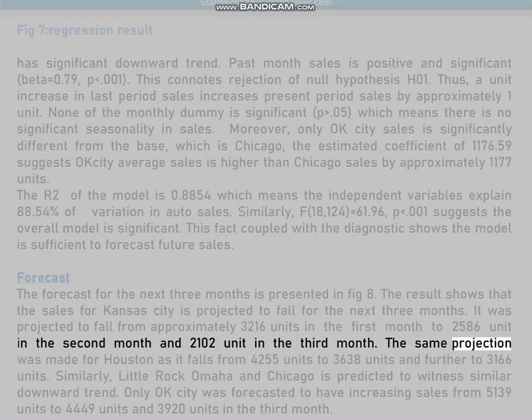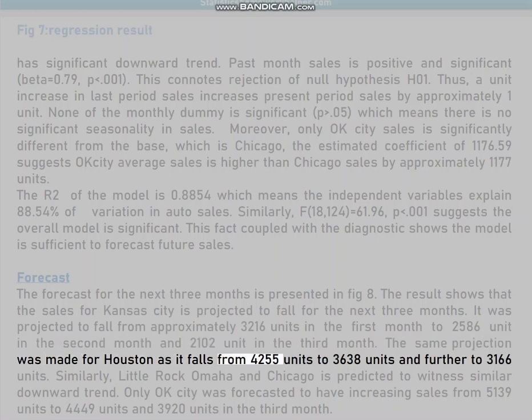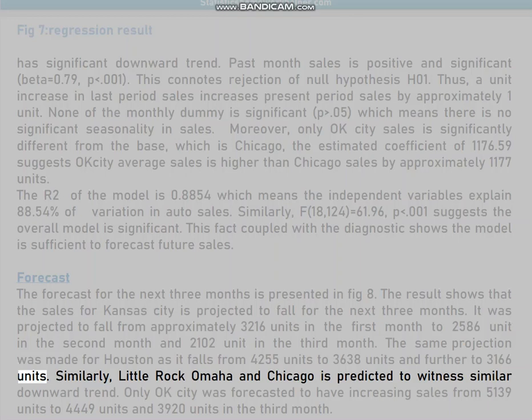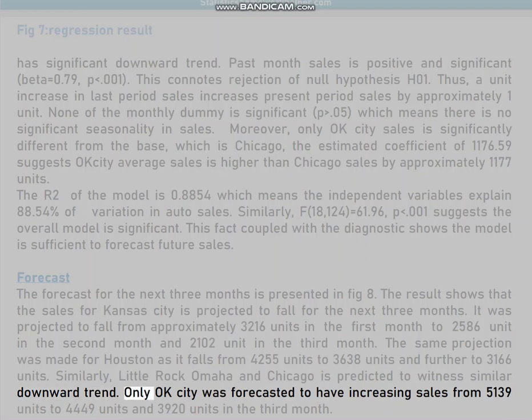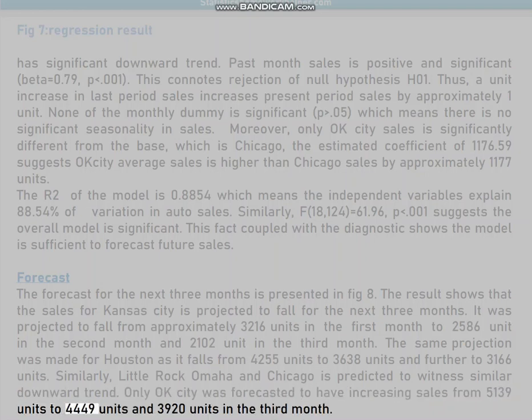The same projection was made for Houston as it falls from 4,255 units to 3,638 units and further to 3,166 units. Similarly, Little Rock, Omaha, and Chicago are predicted to witness a similar downward trend. Only OK City was forecasted to have increasing sales from 5,139 units to 4,449 units and 3,920 units in the third month.